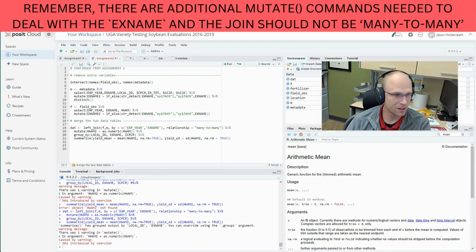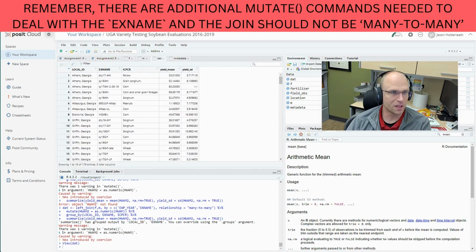All right, so dat. Okay, so we got our NAs induced by coercion. That happened in the as.numeric operation, and then we're grouping, and then we're summarizing. So let's look at DAT.